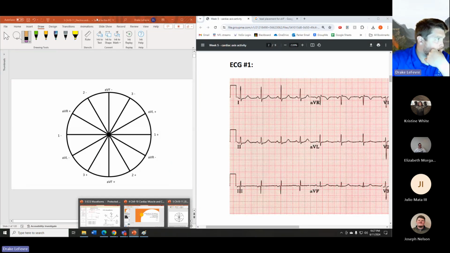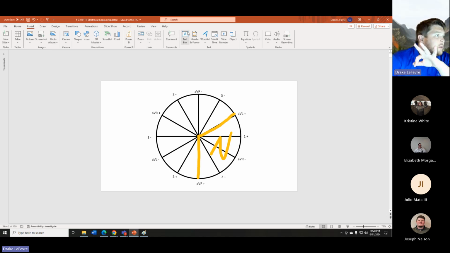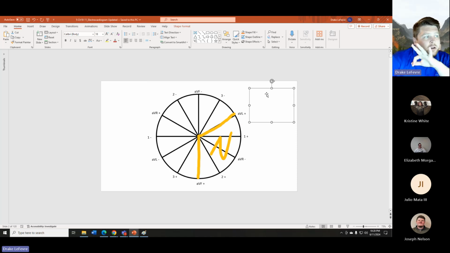Okay, so like we mentioned before, our normal mean electrical axis is between -30 and +90 degrees. Okay, this is our normal. There are only 3 things that we talk about that can cause our mean electrical axis to deviate from normal.